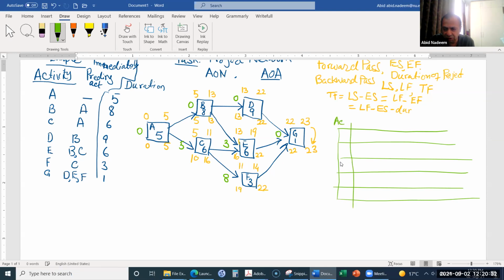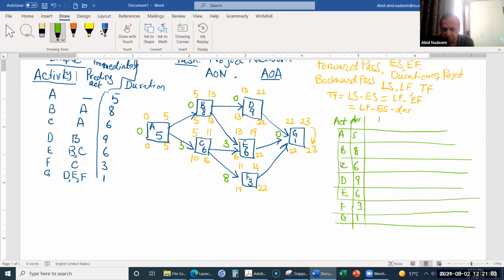So activity A, B, C, D, E, F, and G. And then the duration of the activity is 5, 8, 6, 9, 6, 3, 1.